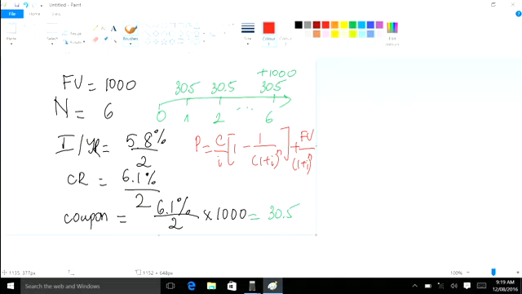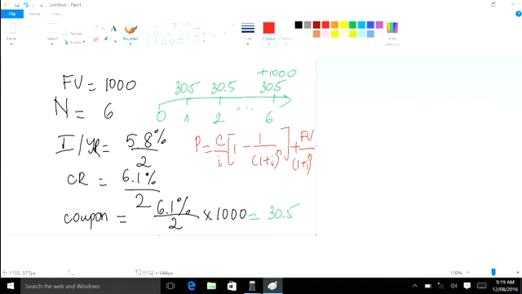Because the required rate or the market rate is only 5.8% per annum, which is smaller than the coupon rate of 6.1%. It means that the bond is very attractive in terms of the coupon rate compared to the market rate. Agree? So in order to get that attractiveness, actually the bondholder is willing to pay the premium. It means that the bond price is going to be larger than the face value. So whatever number you find, it should be bigger than $1,000.